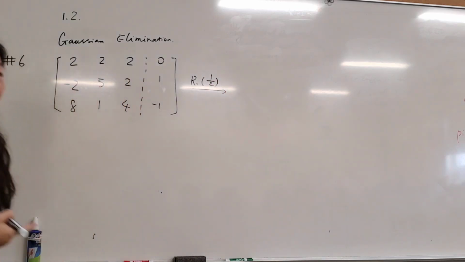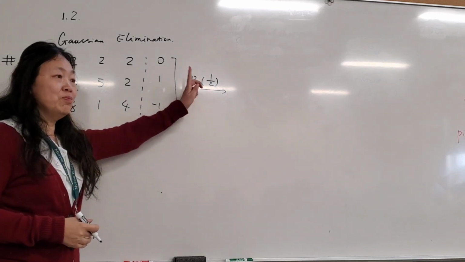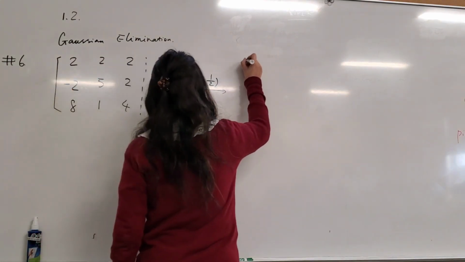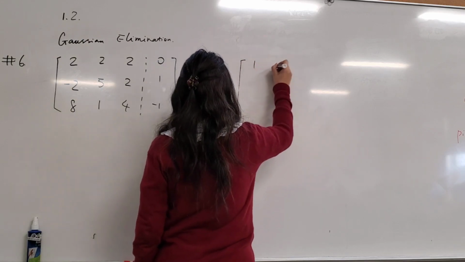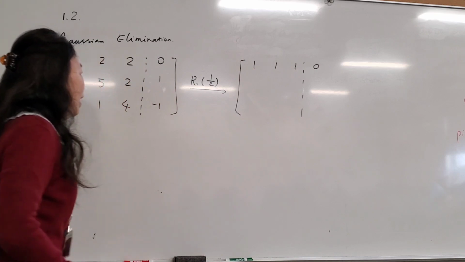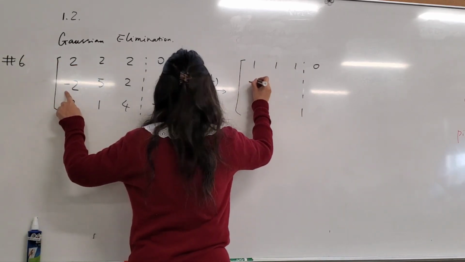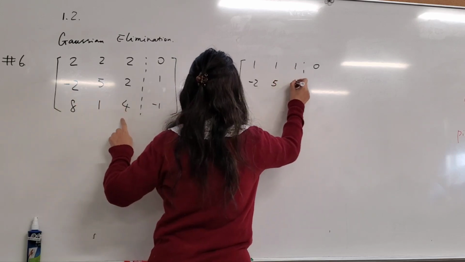You cannot divide row 1 by 2; that is not the way row operations work in a matrix. You can only multiply, so instead of dividing by 2, you multiply by 1/2. So make it 1, 1, 1, 0, and the rest of it doesn't change.